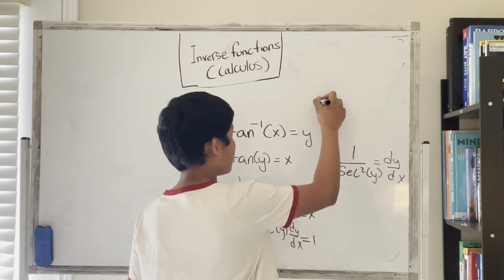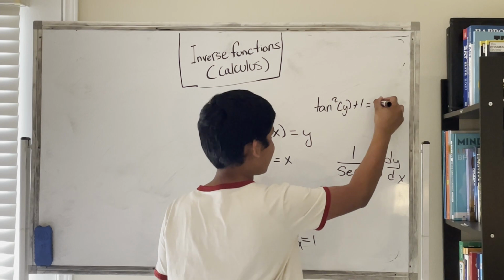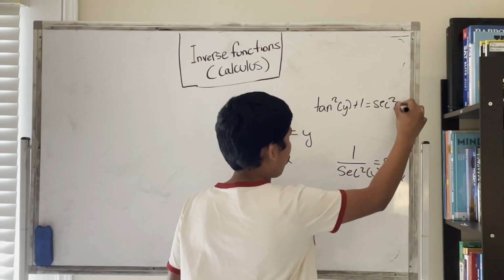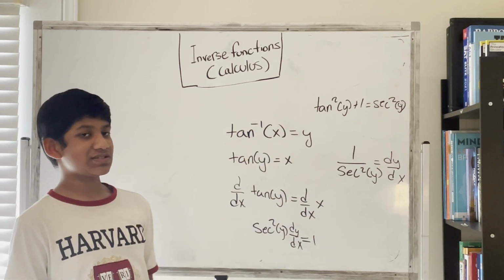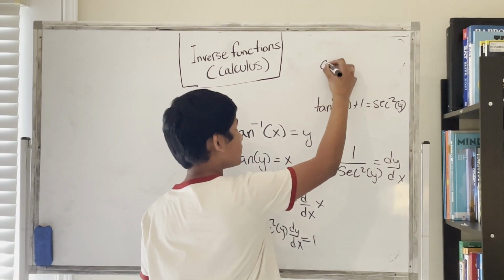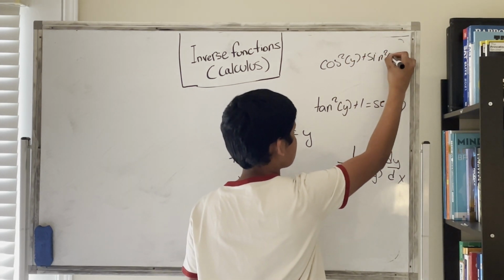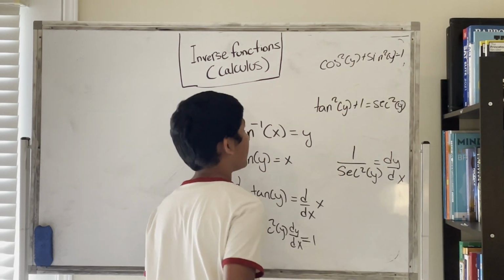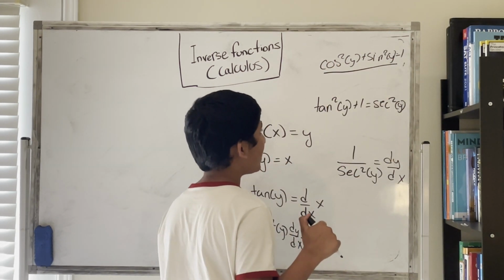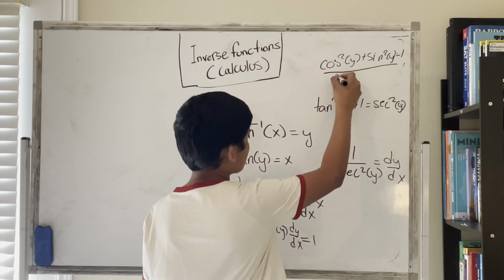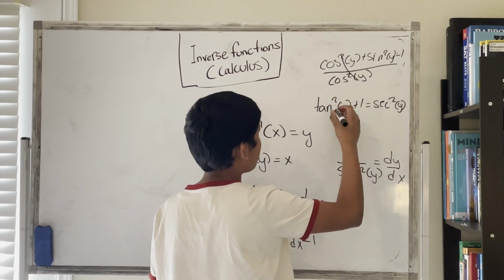We know that tangent squared of y plus 1 is going to equal secant squared of y. And we know this from your trigonometry class. But how do we get this? Well, if we have cosine squared of y plus sine squared of y, we get 1. Now, if we divide everything by cosine squared of y, we'll get these cancel.